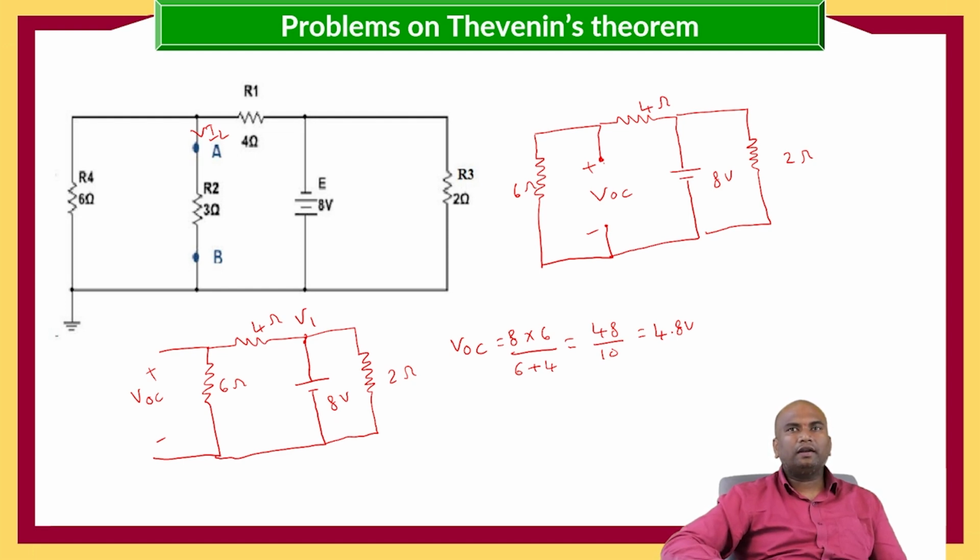Now we need to calculate the Thevenin resistance. For that we need to replace the voltage source with a short circuit.